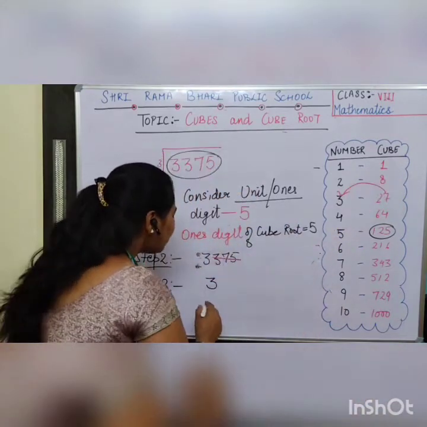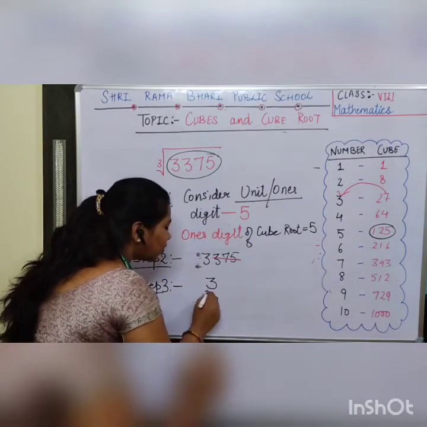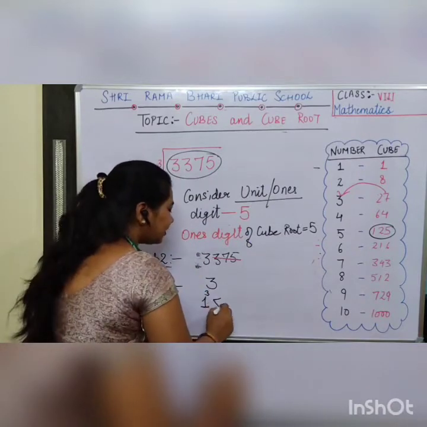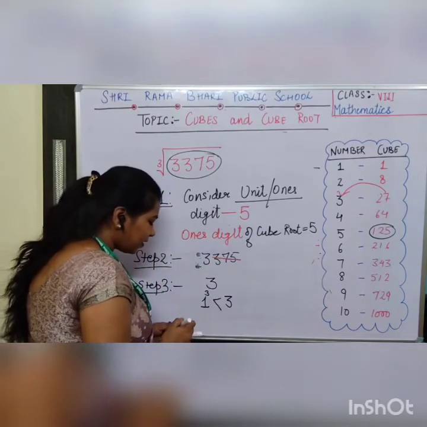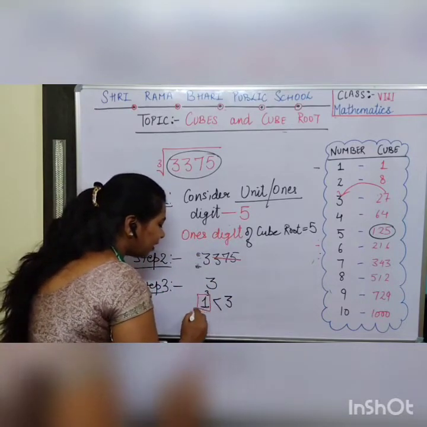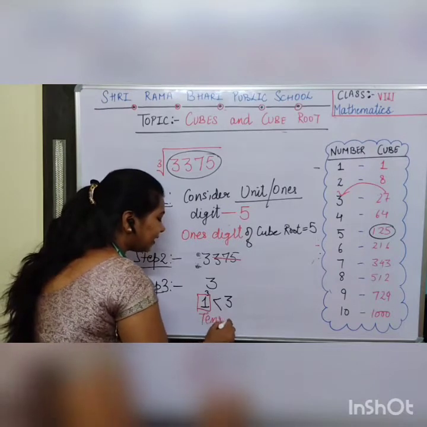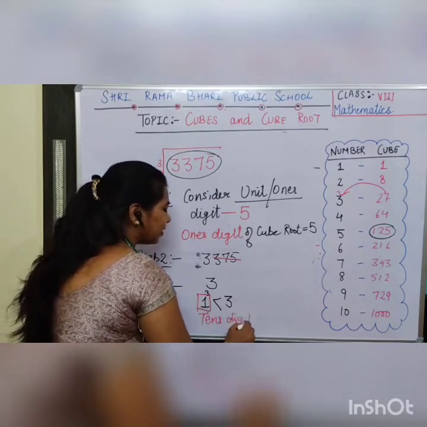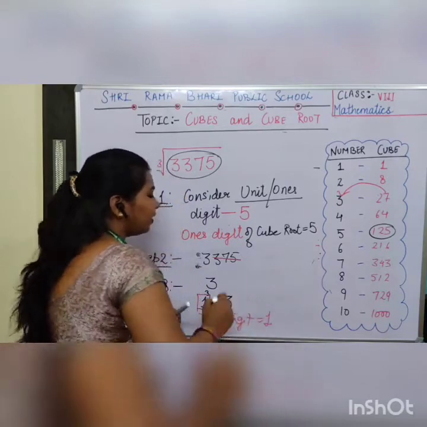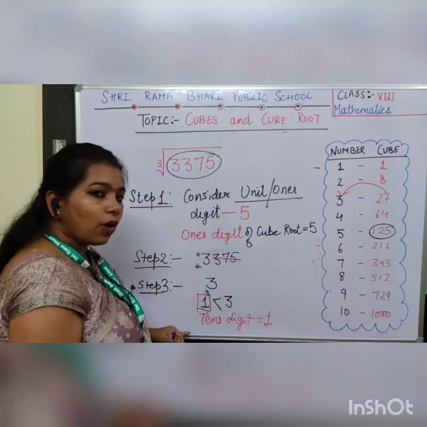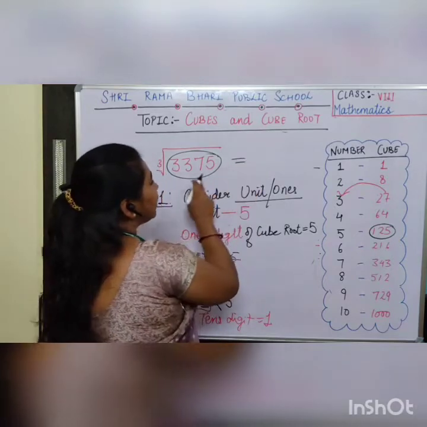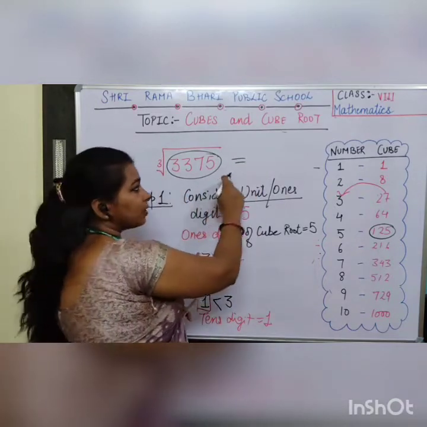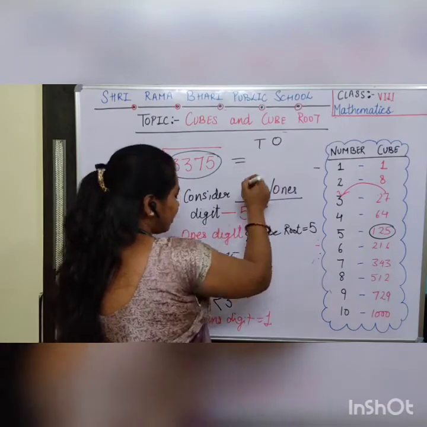So 1 is the number whose cube is less than 3, and we will consider 1 as the tens digit.